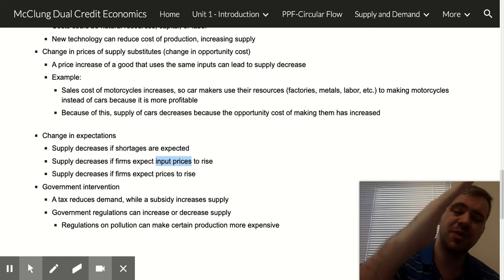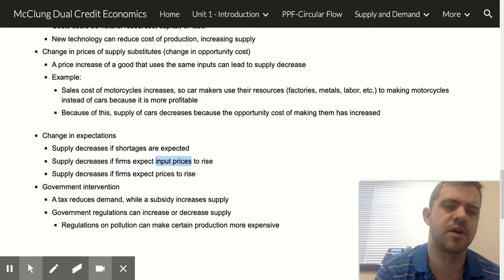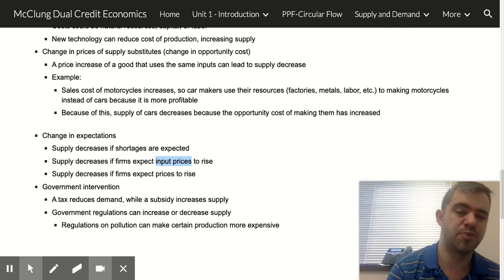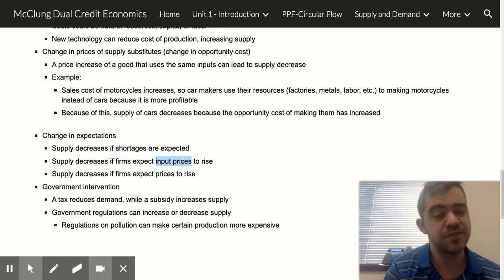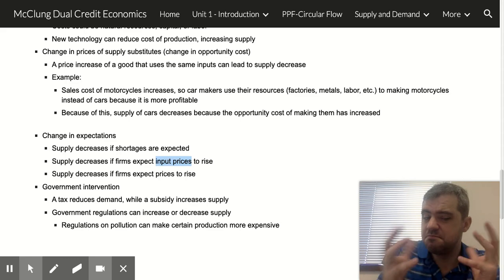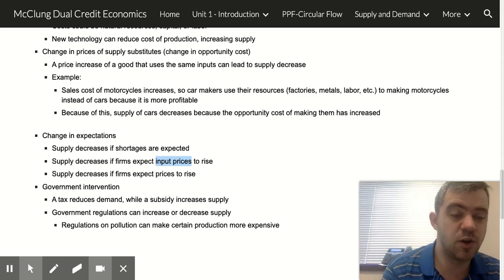So I'm actually going to decrease the amount that I'm willing to get rid of right now, because this is about to become a lot more valuable as my input prices are increasing. And vice versa. If I think the input prices are about to decrease, then maybe this thing isn't so valuable. I'm probably going to increase supply.